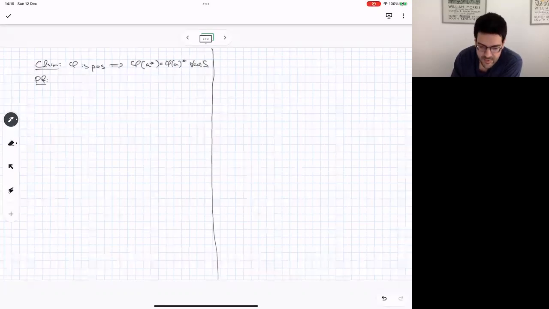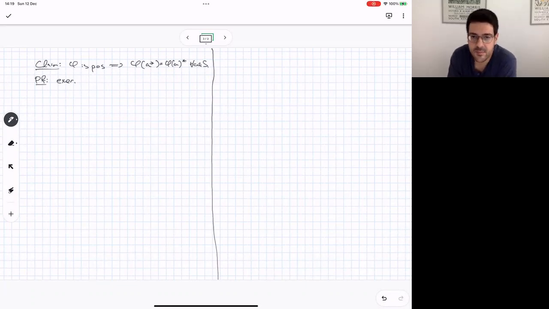We did this a couple of times, right? Exercise. Verify that you know how to do it. You decompose A as B plus iC, and okay, do it.